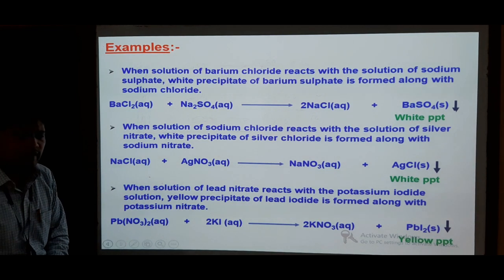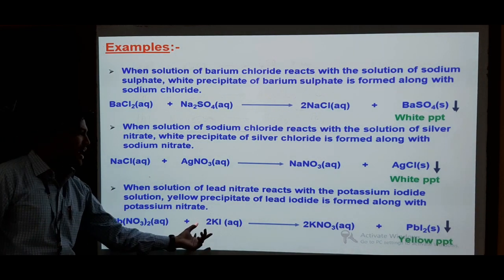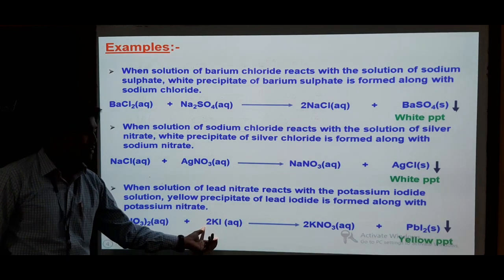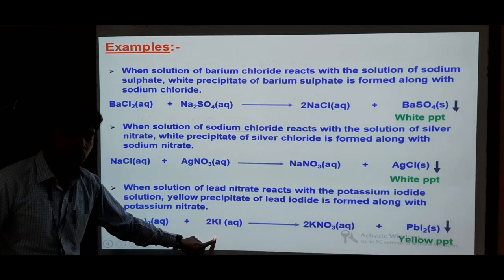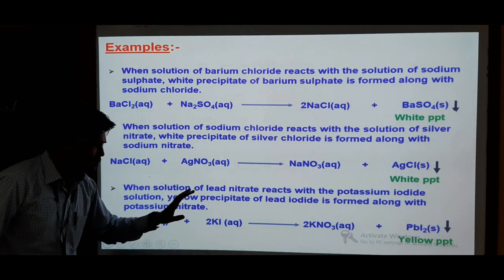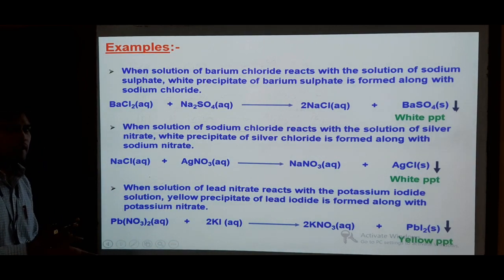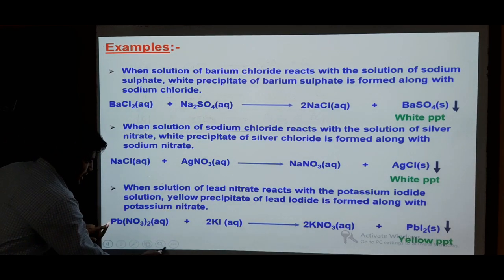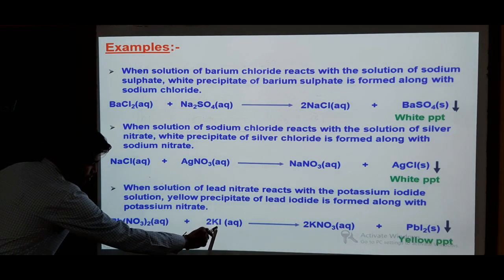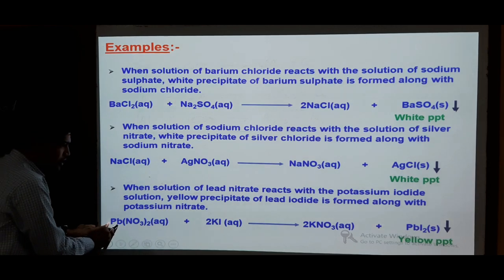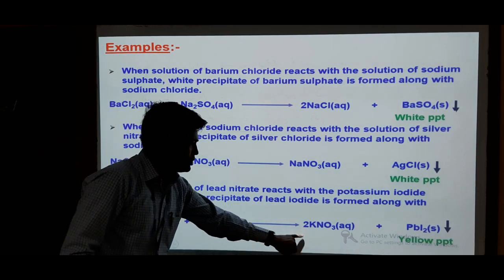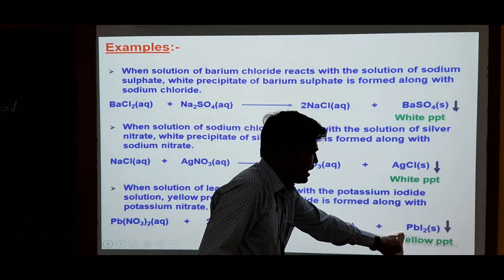When a solution of lead nitrate is added to potassium iodide, again there will be a double displacement, that is, lead will take the position of potassium, and potassium will come in place of lead, and you will get potassium nitrate plus lead iodide.